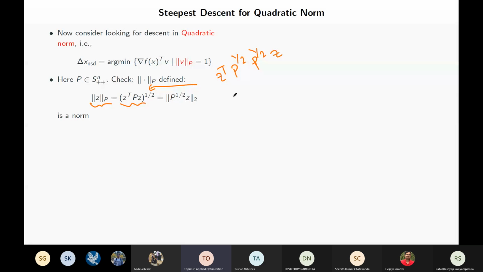So it is the norm of P half z, that is, u transpose u to the power half.